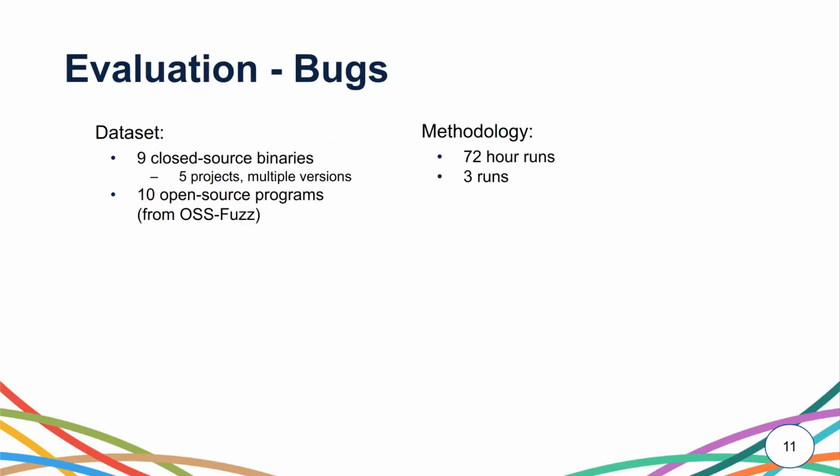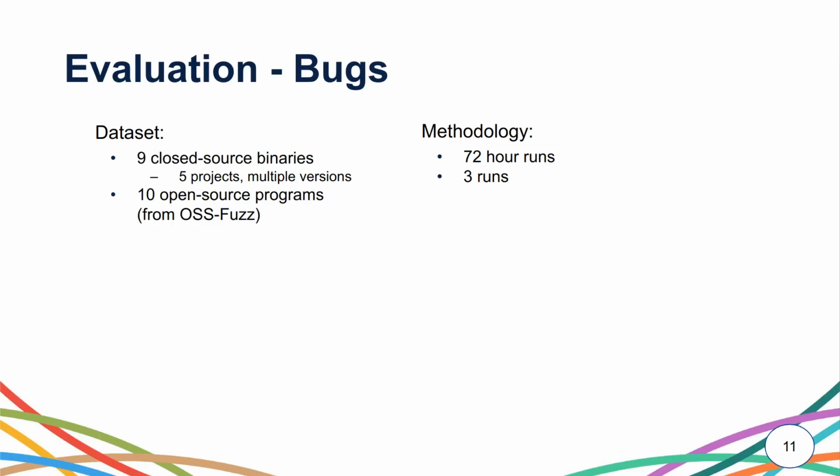evaluation. About the evaluation, we evaluated QMSan for bug finding capability on a dataset of 9 closed source binaries from common targets for binary fuzzing papers, and 10 open source programs from OSS-Fuzz that we detected as the 10 programs with the highest number of security related bugs in the last 2 years on OSS-Fuzz.